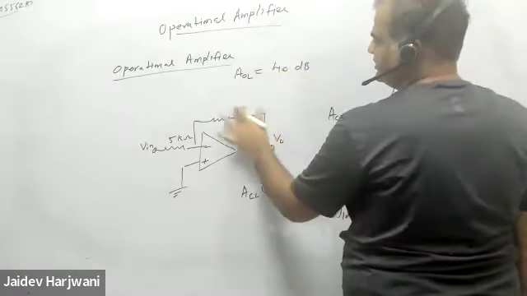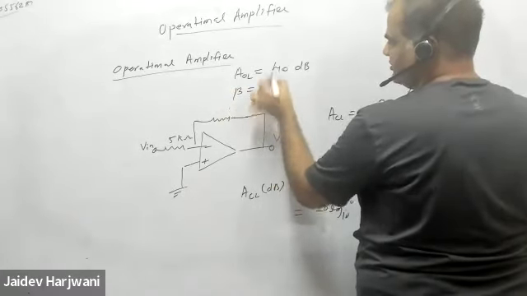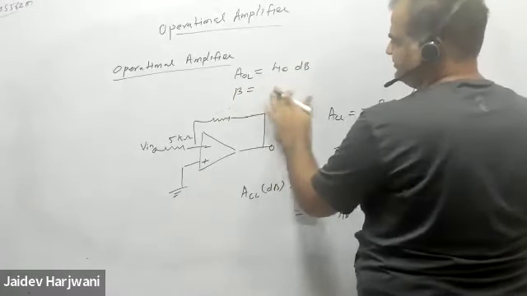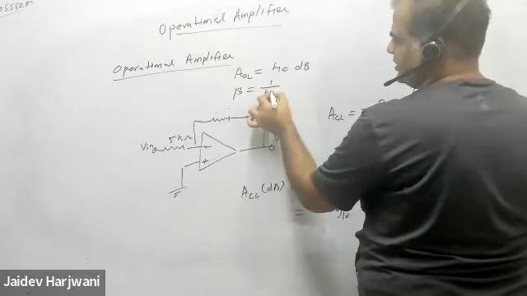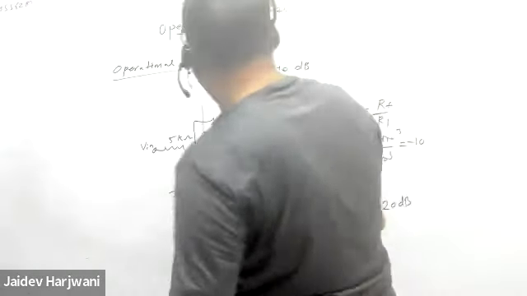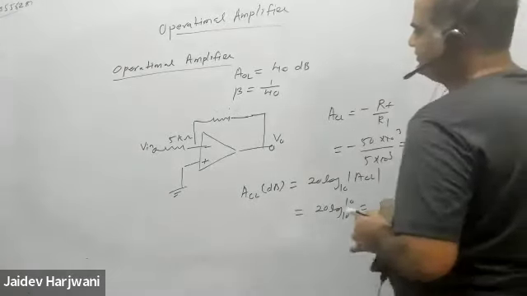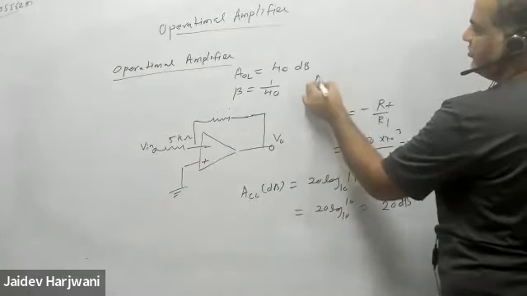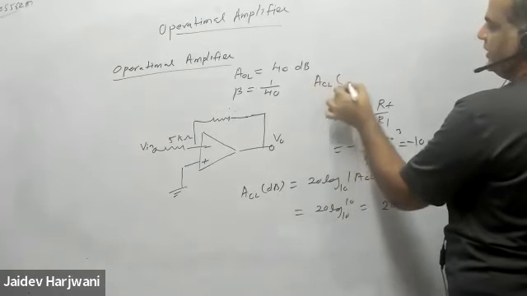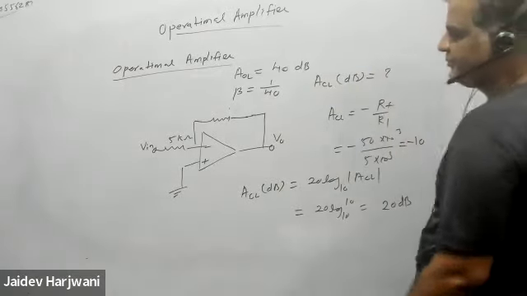And the feedback factor beta is also given as 1 by 40. Now calculate the closed loop gain in dB.